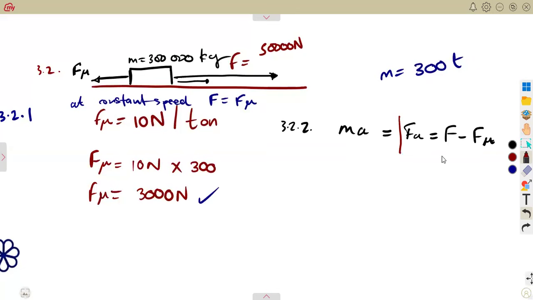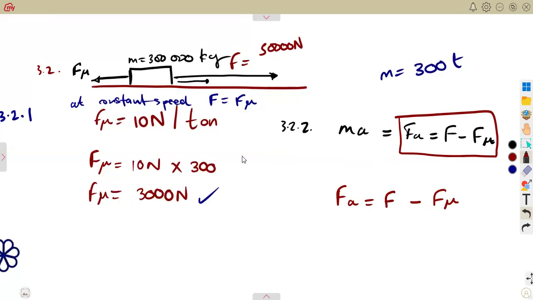As we need the part of our FA here, our FA must be F minus the frictional force in that case. So we can consider the difference between the two.